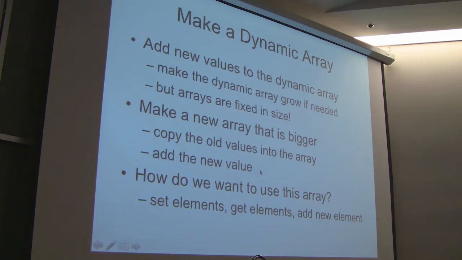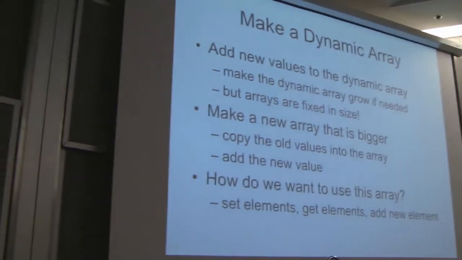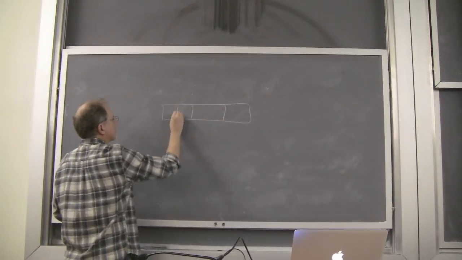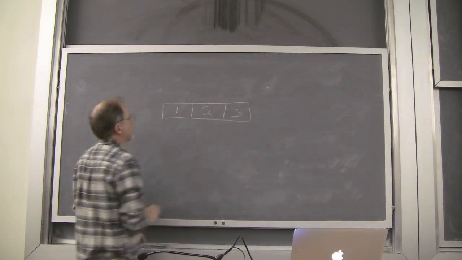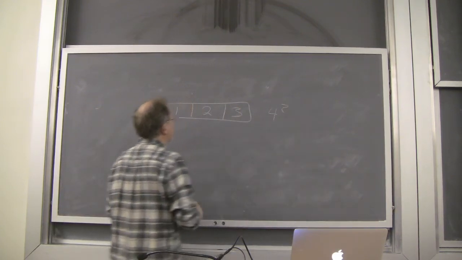So we had one array of a certain size. So we had an array with 3 spots, some values in it. I wanted to add the 4th value. There's no spot for it.